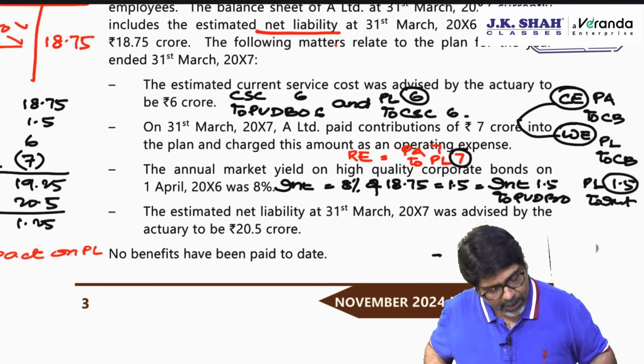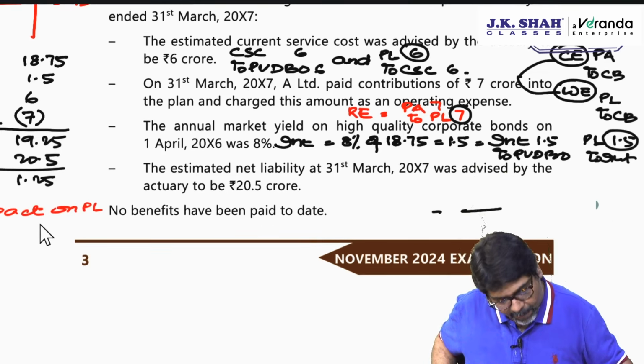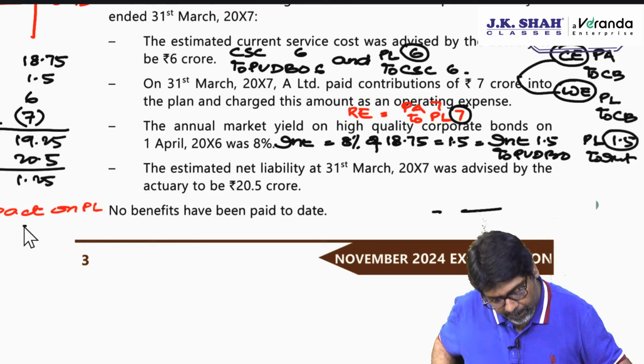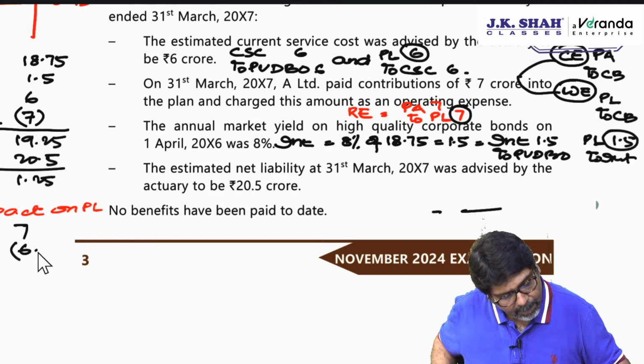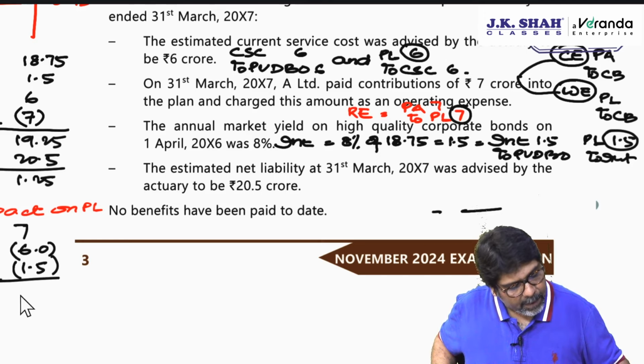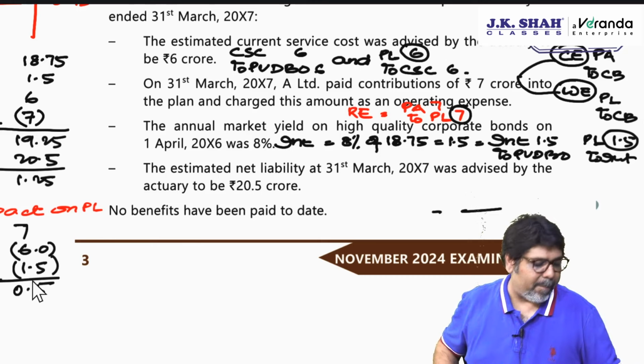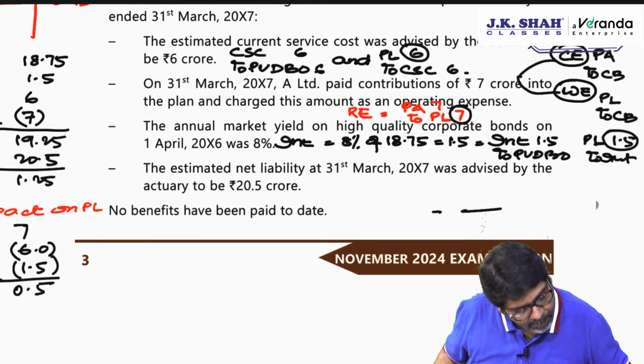PL is increasing by 7, credit 7. Decreasing by 6 and decreasing by 1.5. So 0.5 is the net impact in PL, a debit expense.